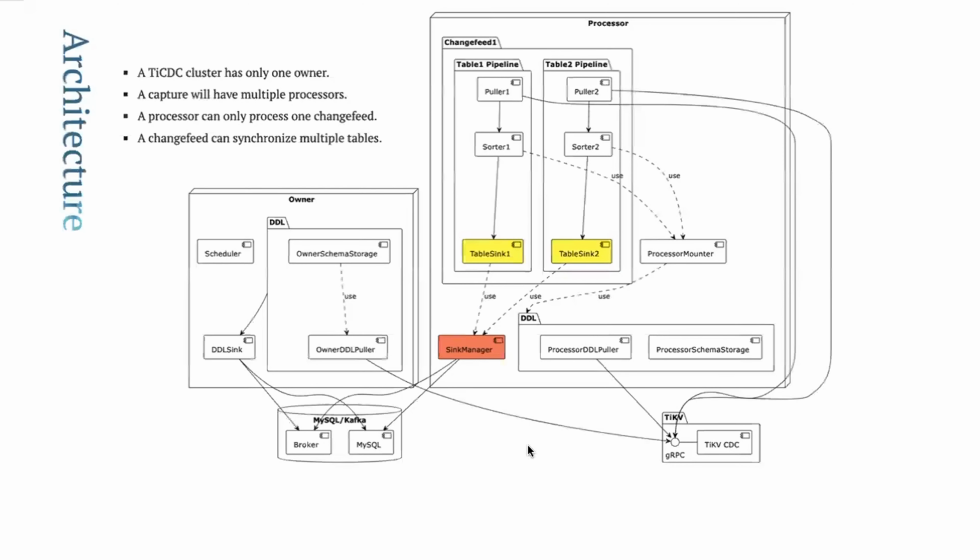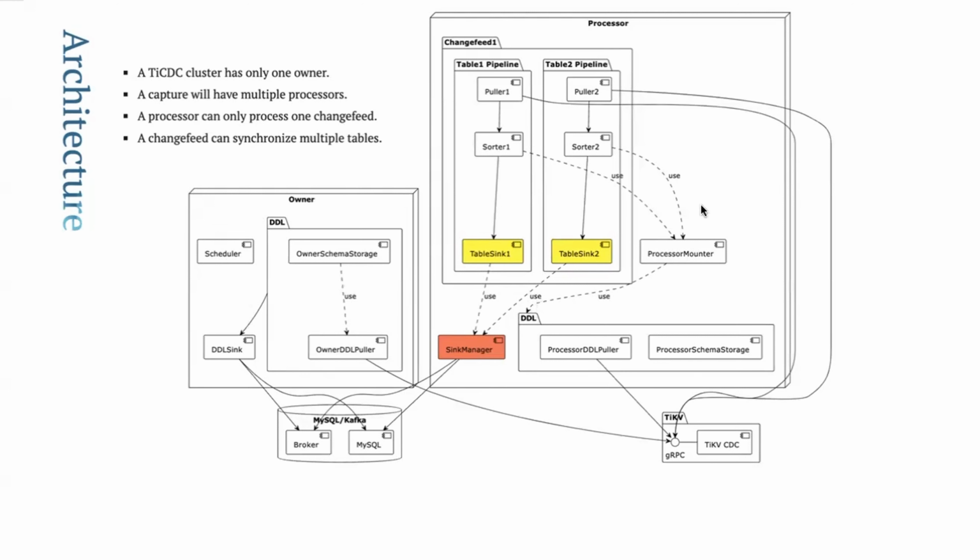About the architecture, let me break down the TiCDC architecture for you. So, TiCDC is a distributed cluster, and we refer to each node as a capture, the physical node from the TiCDC cluster. Each capture can have multiple roles to process the data.